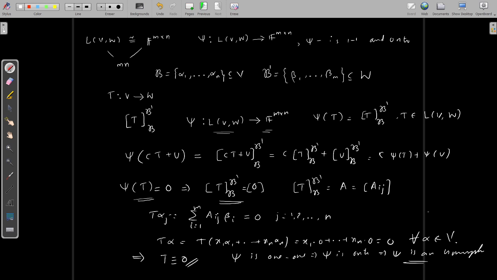There is no proof given for these theorems, so you need to write out all these as a proof. In theorem 11, it is stated that the existence of the matrix representation and the 1-1 property, and in theorem 12 it is stated that L(V,W) and F^(m×n) are isomorphic.